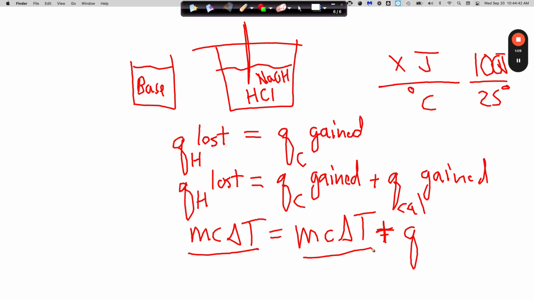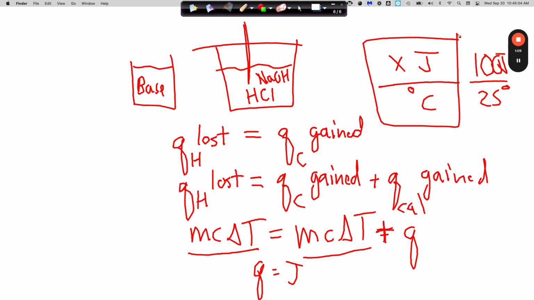And guys, you're going to do this math, and that'll allow you to solve for Q in joules. But then, guys, in order to come up with this, which is joules per Celsius degree, you need to know the temperature change for the calorimeter. How do you measure? It is the same as the temperature change for the cold water.